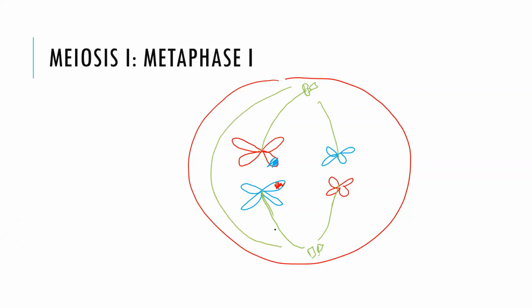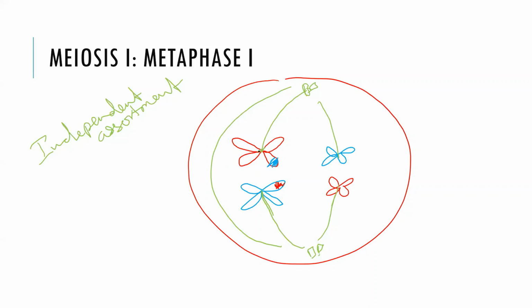So here also you have a special thing you have to know. It is independent assortment. So during this phase, these chromosomes can line up in the equator independent of each other.